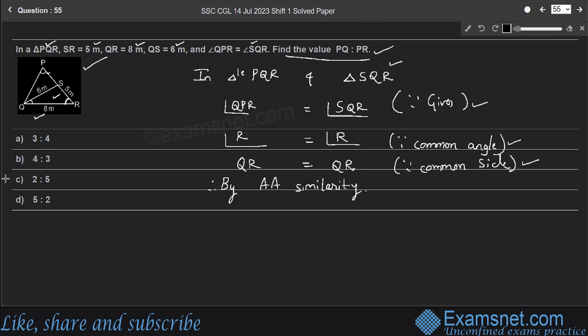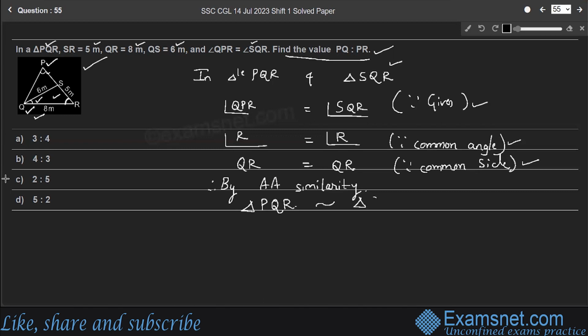So therefore, by angle similarity, triangle PQR, starting from angle P, is similar to, since angle P is equal to angle SQR, we'll start from Q here in triangle SQR.